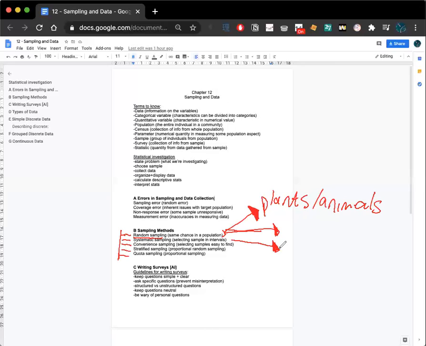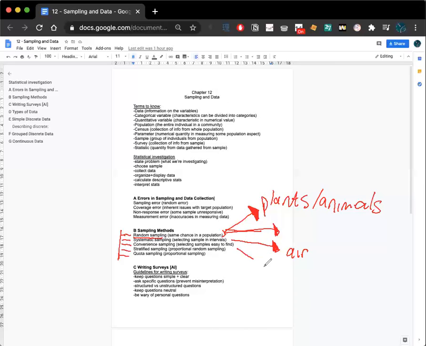Usually these kinds of samplings are implemented when you have something like security checks in the airport, or when they have immigration checks for cars. So they can sample like every 5 cars that pass through, or every 10 passengers that pass through the immigration. That's how you do systematic sampling.